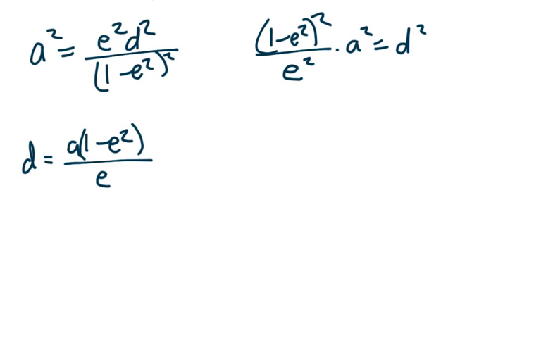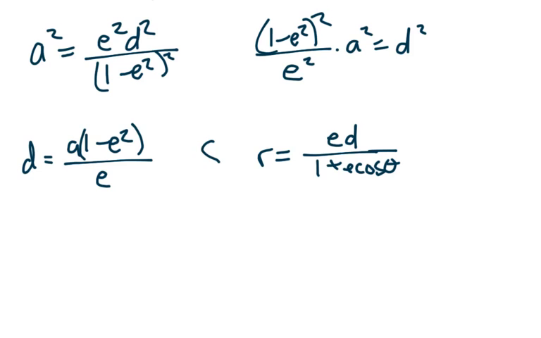Well, now we can take that and plug that into our equation. If we have one focus at the sun at the origin or pole, let's go ahead and stick to r equals ed over 1 plus e cosine theta for now.